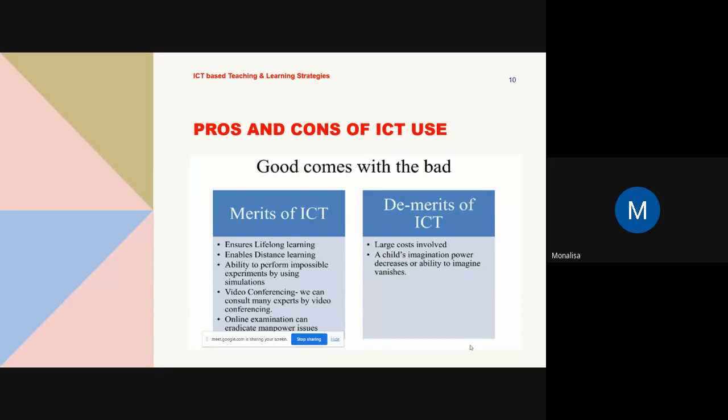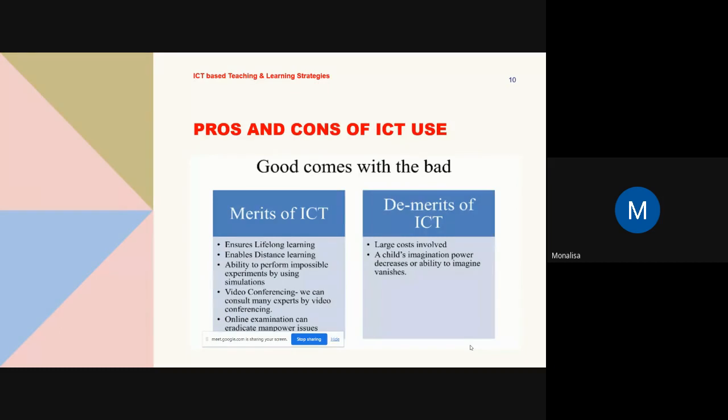They focus on the slides shared, and whatever I am speaking will be integrated with it. It will provide interest to the learners, and having that interest, they will happily interact with the teacher.